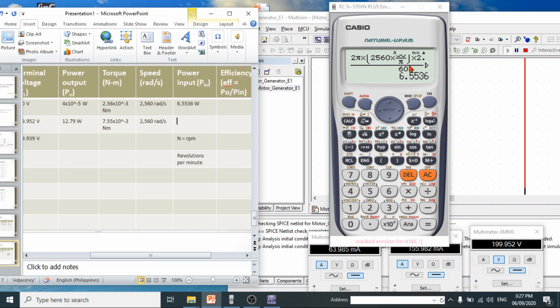We need to substitute the torque, so instead of 2.56, we have 7.55 millinewton meter. Then you will have 19.328.